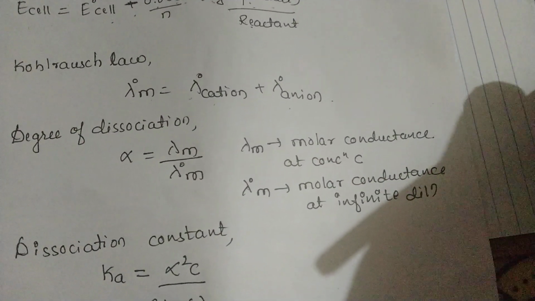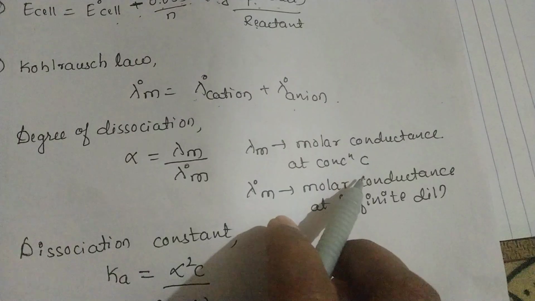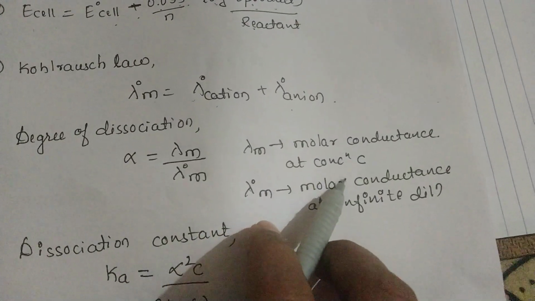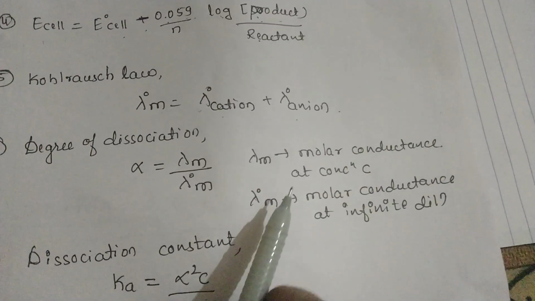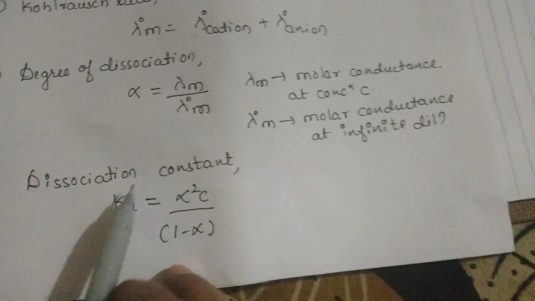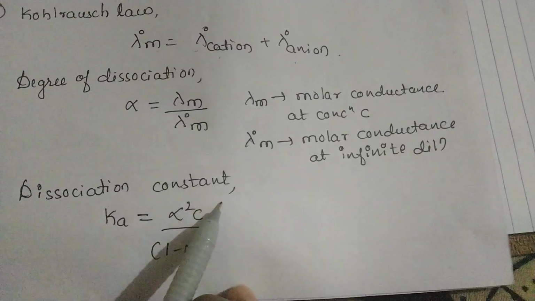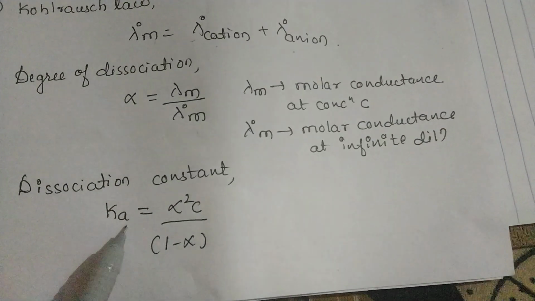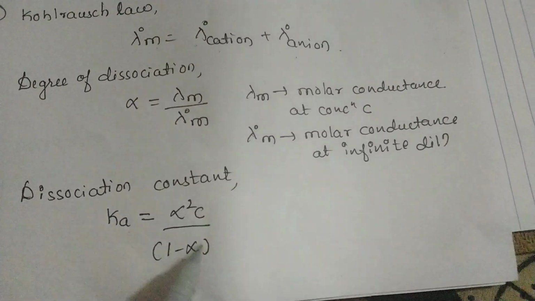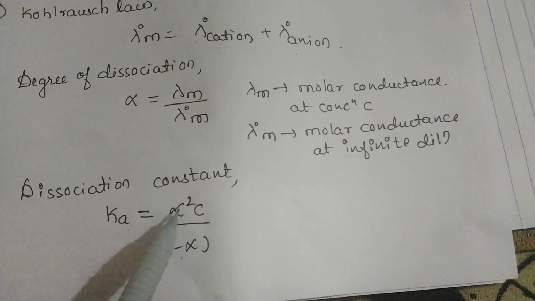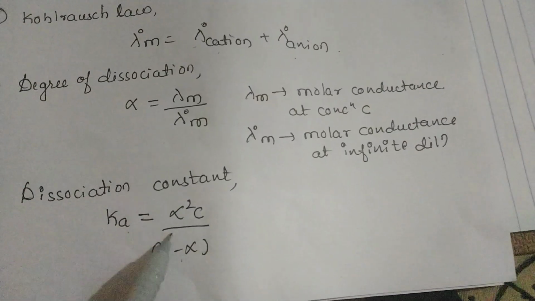Lambda m is the molar conductance at a concentration C, and lambda naught m is the molar conductance at infinite dilution. Ka, the dissociation constant, is alpha square C divided by 1 minus alpha. Already we know that alpha is the degree of dissociation.